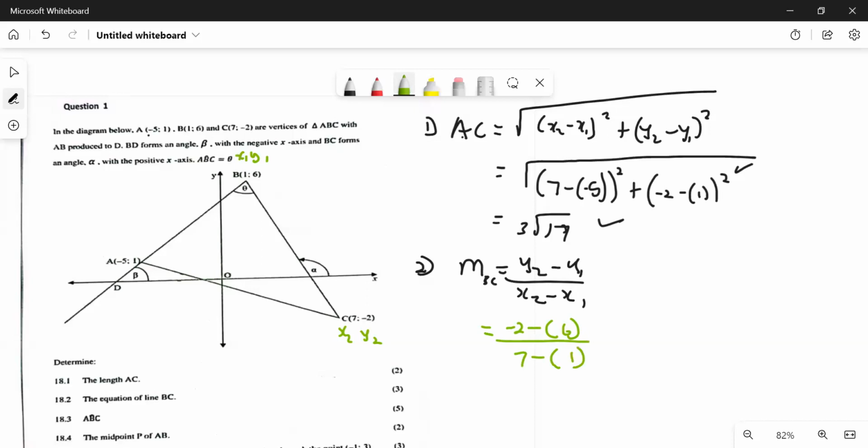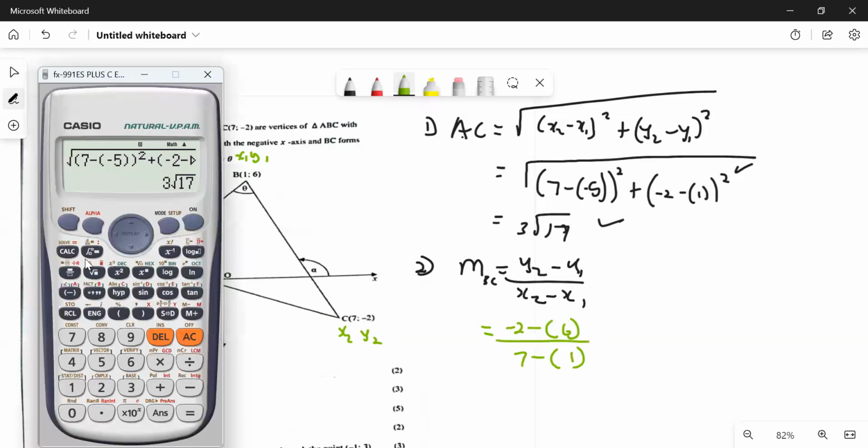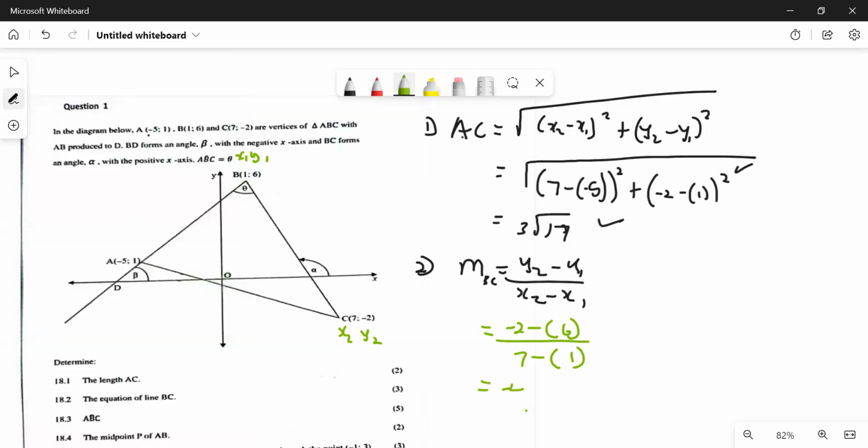Then you take out your calculator, you have minus 2 minus 6 all over 7 minus 1, and if you press equals, you get minus 4 all over 3. Okay, now that's not what we are looking for.